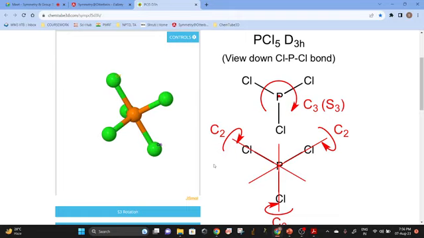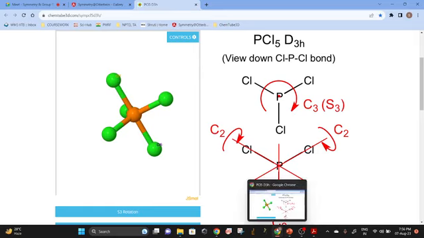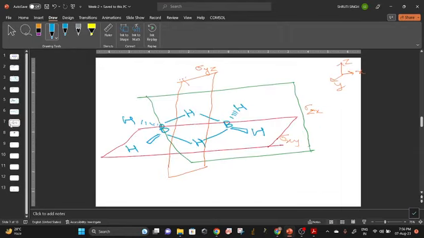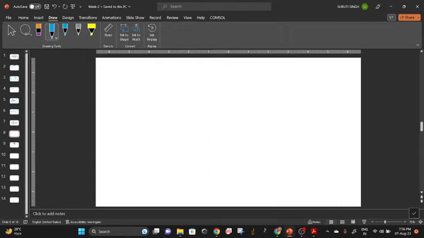If we rotate it 60 degree, then the atoms will come halfway. You guys get my point, right? What will happen for 60 degree?